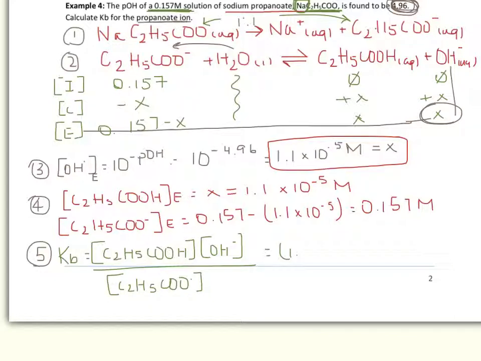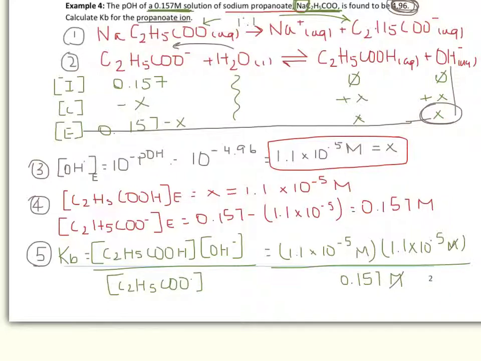We plug in our values, 1.1 times 10 to the negative 5 molar times 1.1 times 10 to the negative 5 molar, all over 0.157 molar. One of these moles per liter cancels out. And to the appropriate number of significant figures, we have 7.7 times 10 to the negative 10 molar. Again, that's Kb.